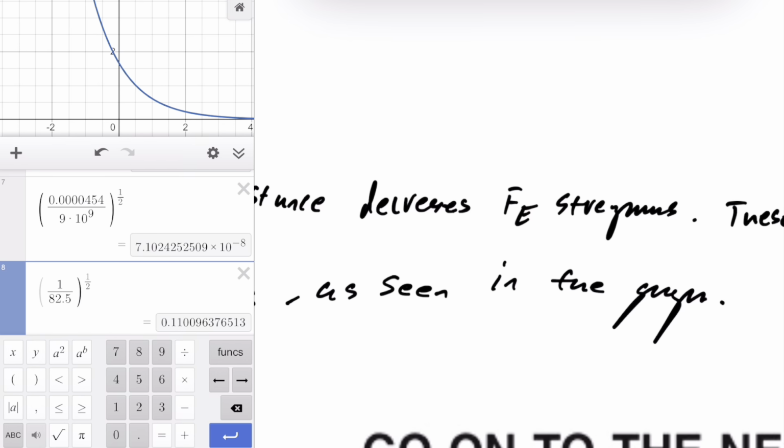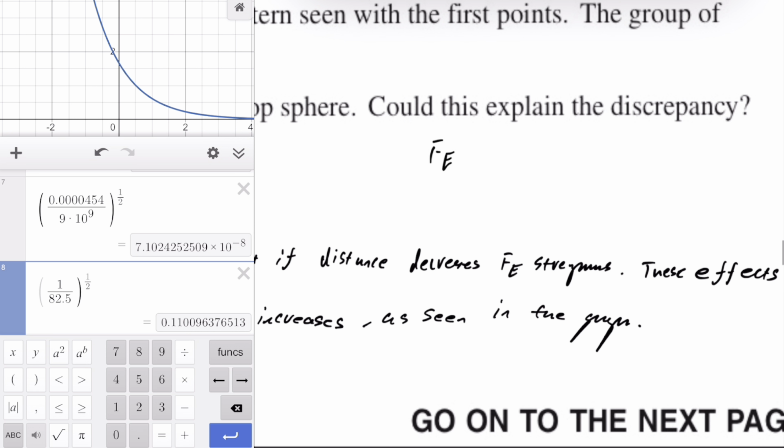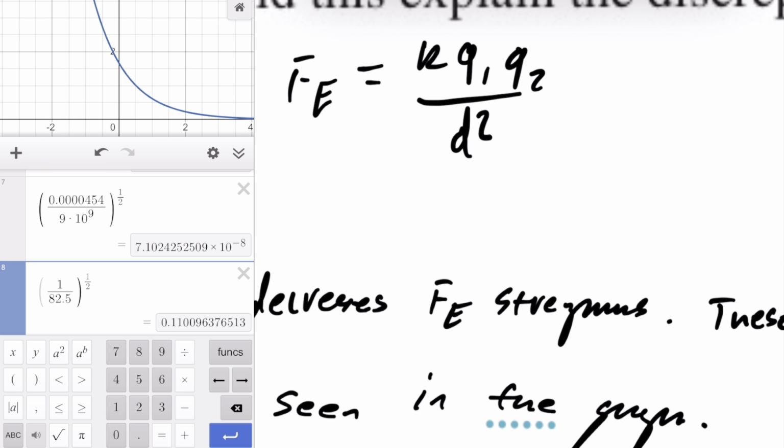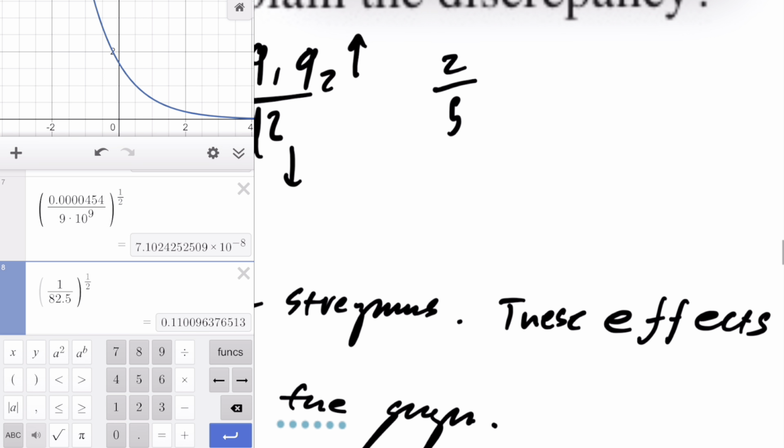So I'll just go over it one more time, right? So Coulomb's law is like this: k Q1 Q2 over d squared. If the distance is continually getting smaller as you bring the spheres closer together, right? So if I have 2 over 5, and I change it to 2 over 1, correct? But that'll give me, this is a small number, like 0.4 or something, but this one's a bigger number, like 2.